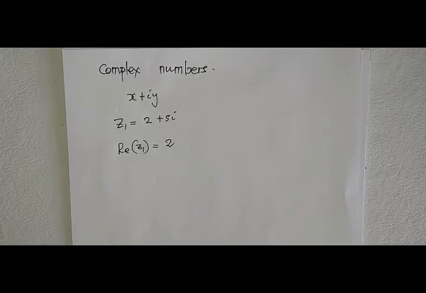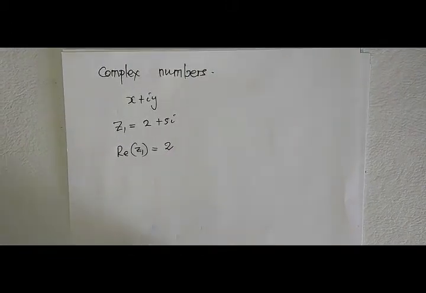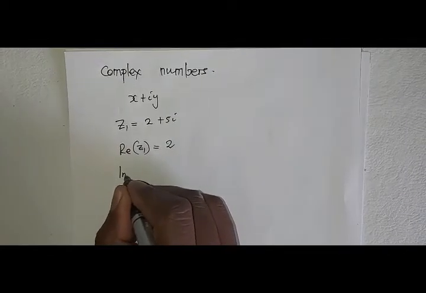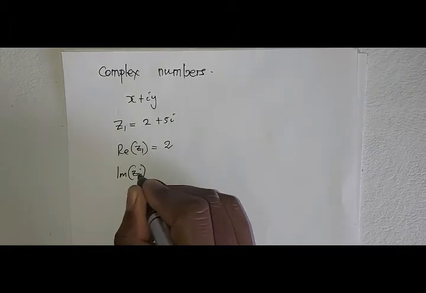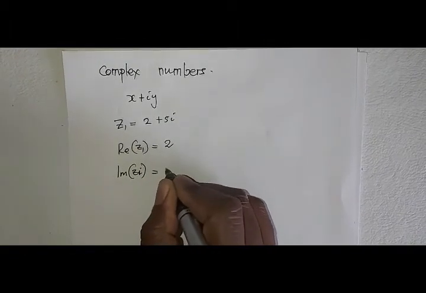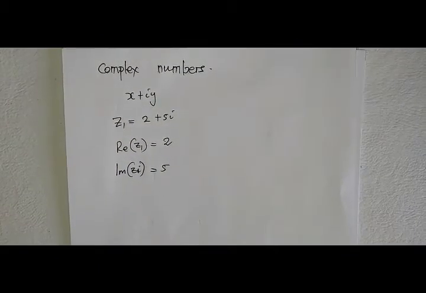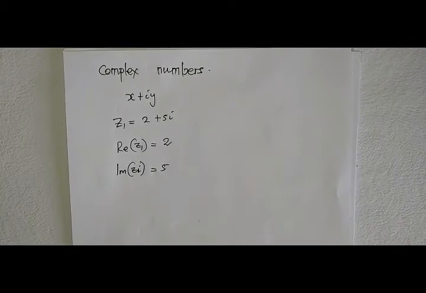And I can also say the imaginary part, which I can represent by Im of z1, is equal to 5, because that's what has the imaginary part. So that's how we represent complex numbers.